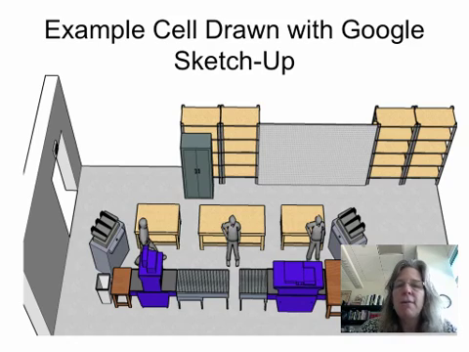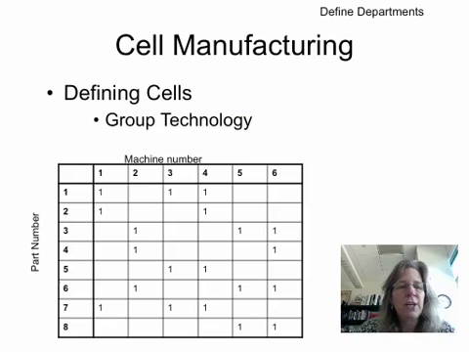Okay, that's a side note. The next thing we're going to look at is the concept of cell manufacturing, and how you group products and machines into cells. You start with a part and machine matrix, where the part numbers, in this case 1 through 8, though they would be more complicated, are listed as each row, and across the columns are the machines on which they're processed.